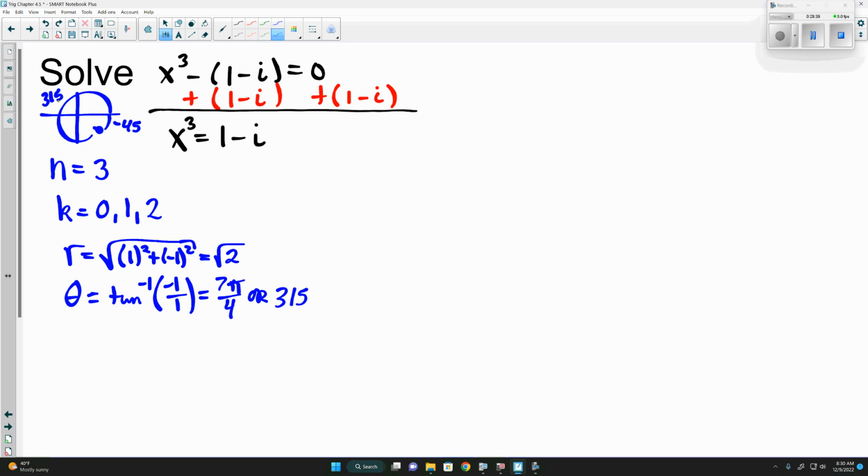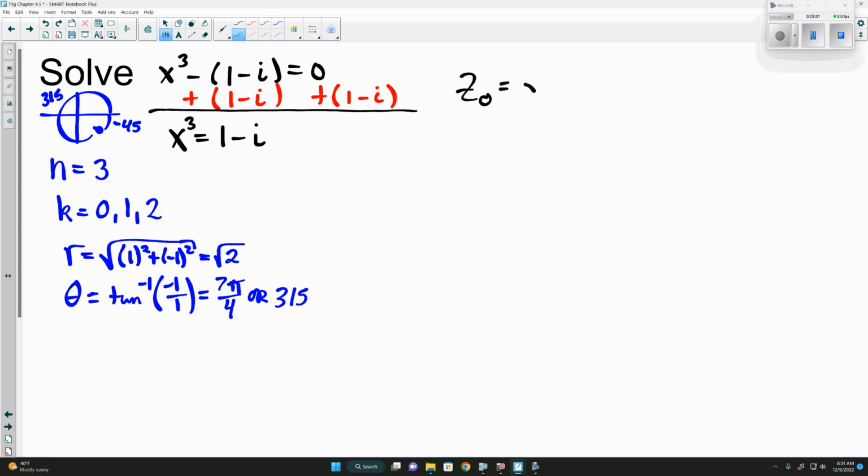Now, I have a feeling you would prefer to do these in degrees over radians. Just as we saw in the last one, we get fractions in fractions, especially in the formula, and I like avoiding fractions in fractions if I don't have to. Now we can use our formula.